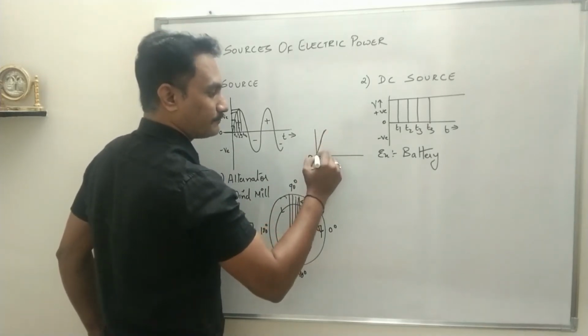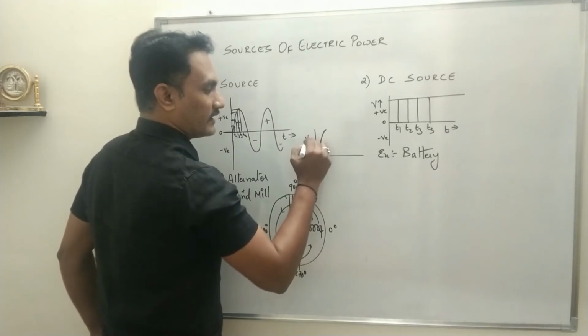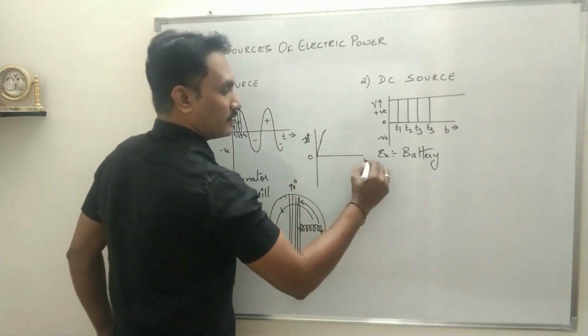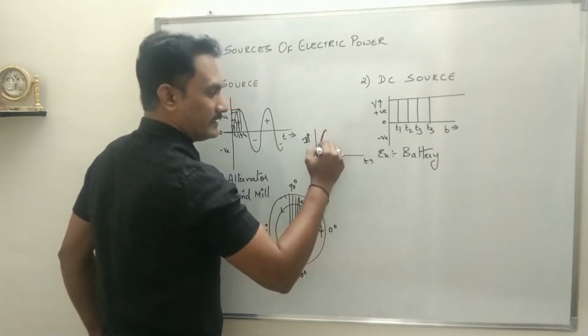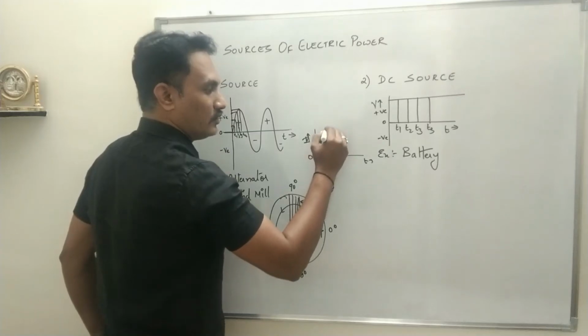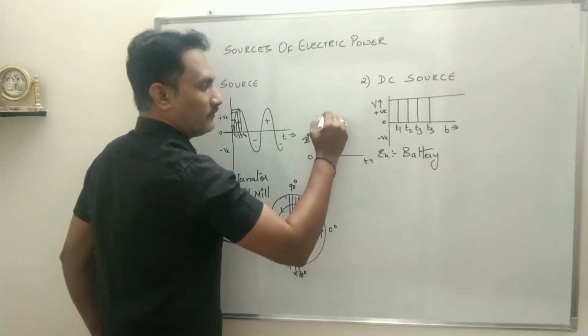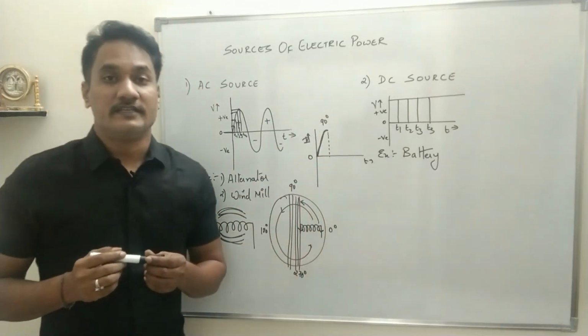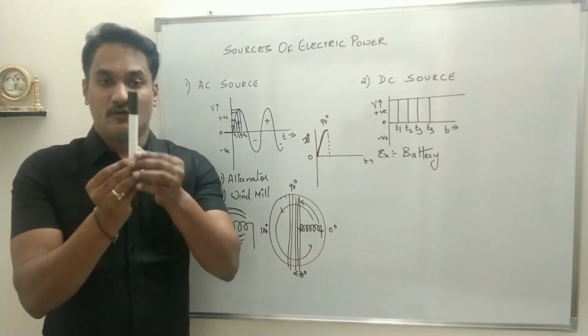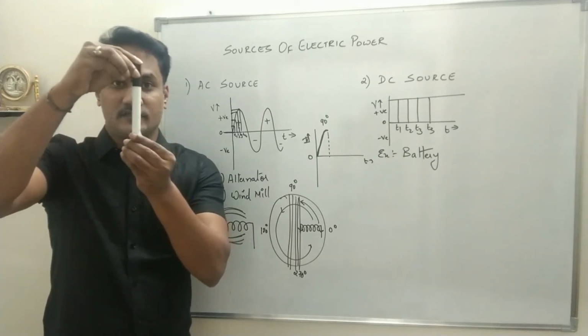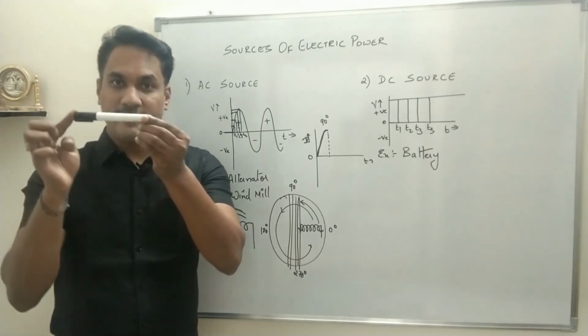This is the part. So if I say current with respect to time, the current will increase from 0 to 90. At 90 it will reach its maximum value. Now from 90, what happens is it is moving from 90 to 180.